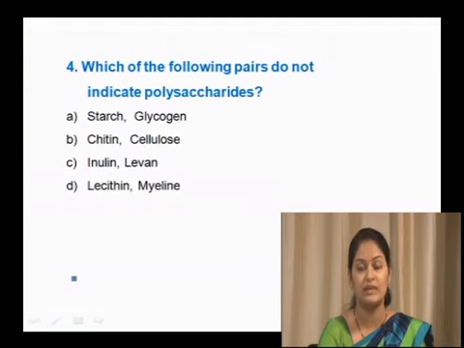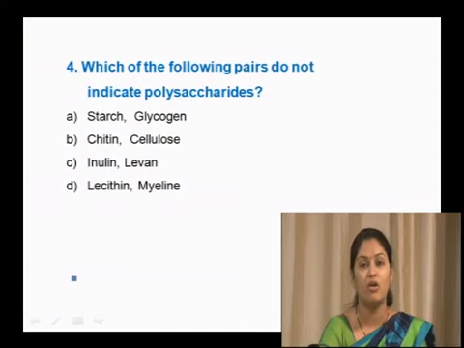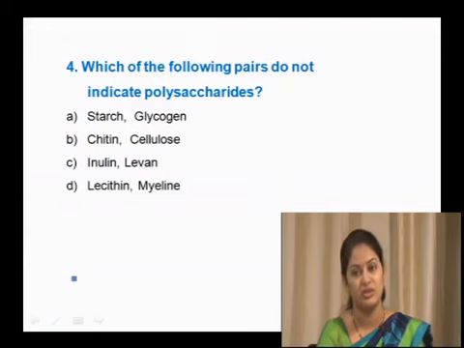So lecithin helps in building the memory. Whereas myelin is the fat or lipid which is present in the axon of the nerve cell where it provides protection. For the fourth question, the right option is D. They are the pairs of lipids, not polysaccharides.